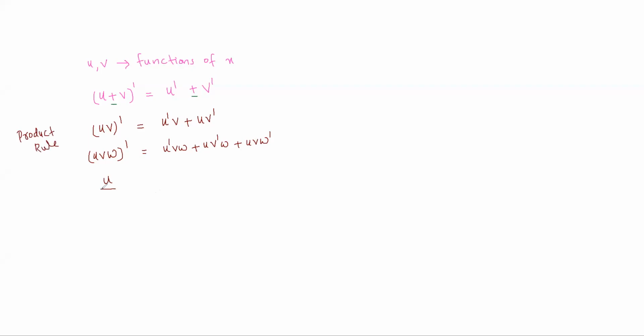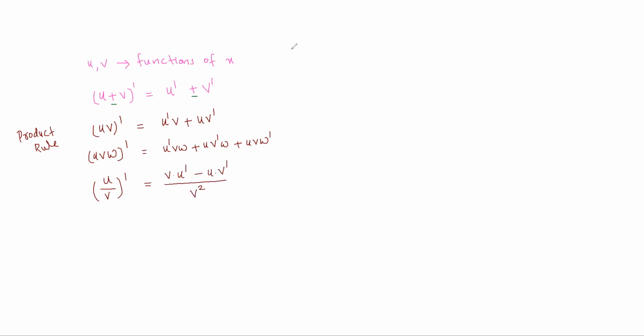Now u upon v, the derivative of a quotient, is equal to denominator into derivative of numerator minus numerator into derivative of denominator, divided by denominator square.